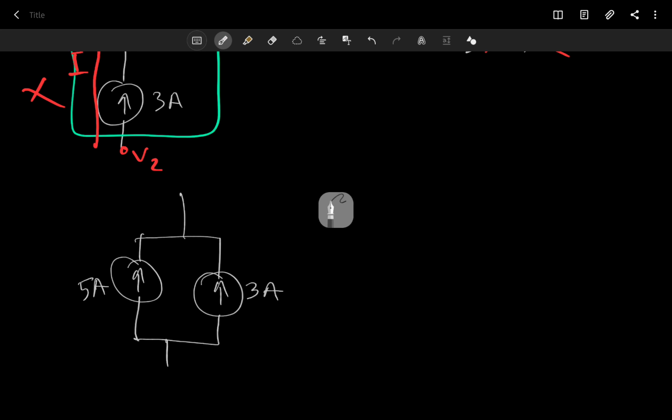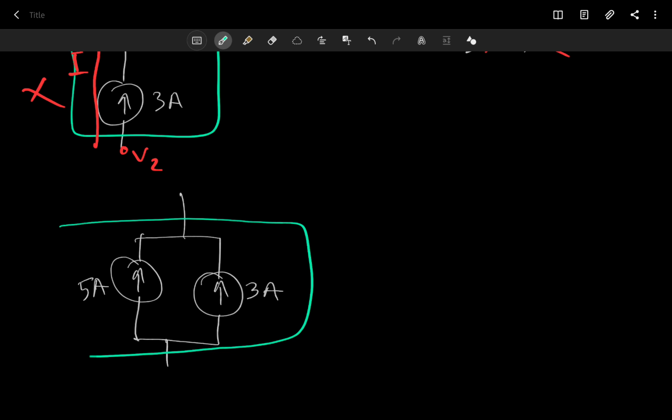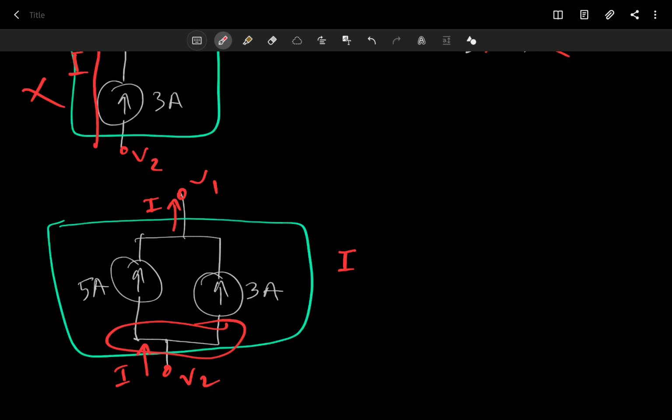All right. So if I ask you what's the equivalent circuit for this, well, again you have V1, V2 and current I outside, and that current will pass through them, and if you apply a KCL here, you can easily see that I is equal to 3 plus 5, so I is equal to just 8.